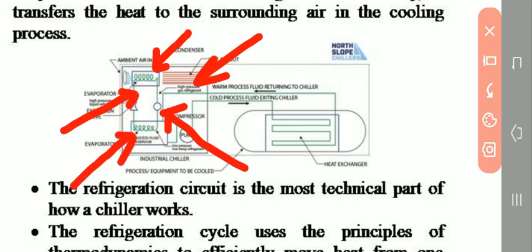This is the evaporator and a pump. And also it consists of a heat exchanger, pump, compressor, evaporator, condenser and a hot air outlet. So this is the construction of chiller plant.